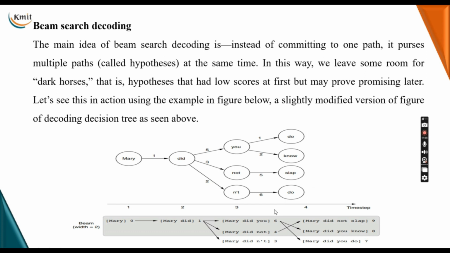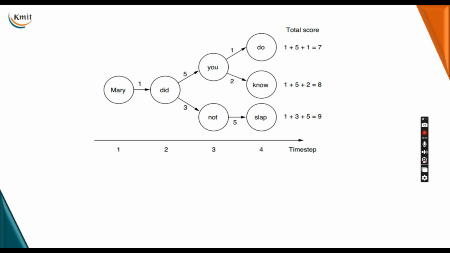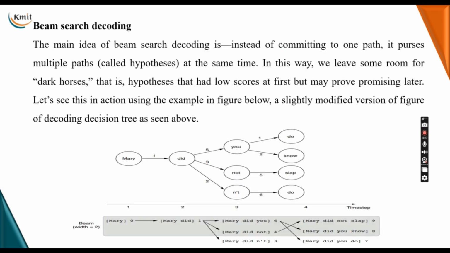As you can see here in the figure, the beam search decoding algorithm will have multiple paths promising good results. Let us see this in action using the figure below. This is a slightly modified version of this, because each word will have multiple paths.